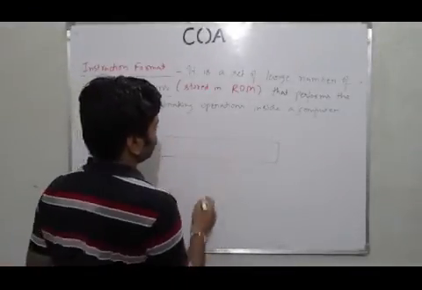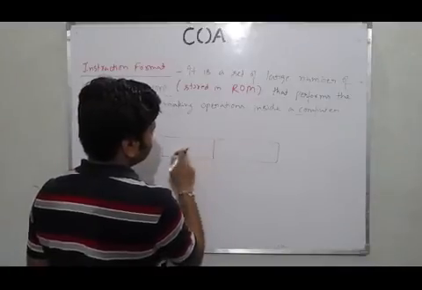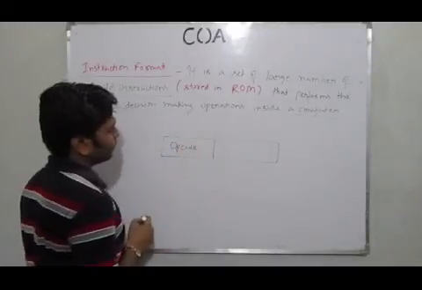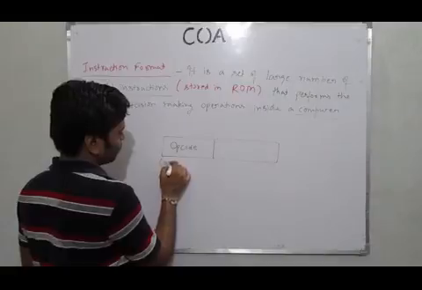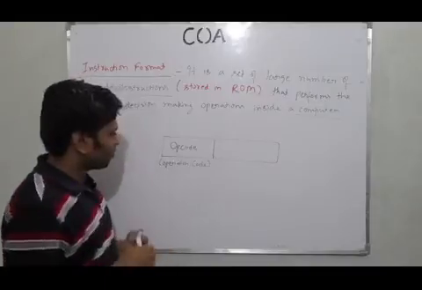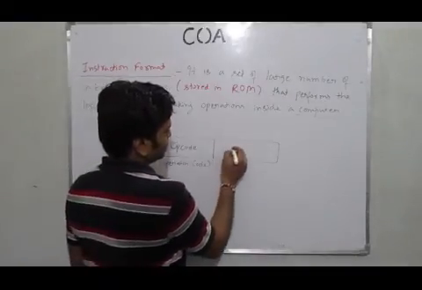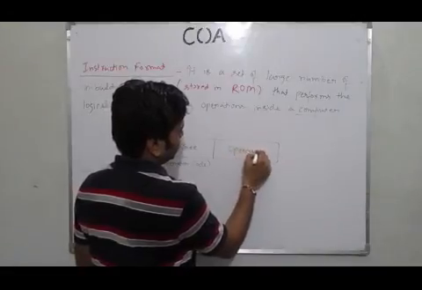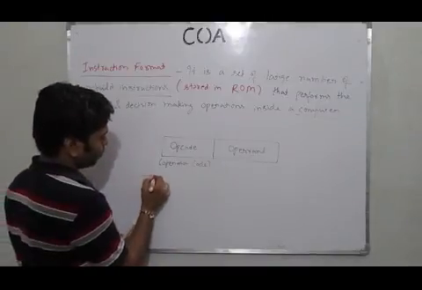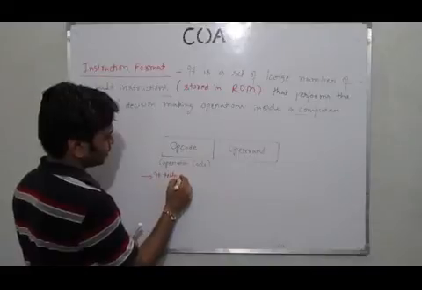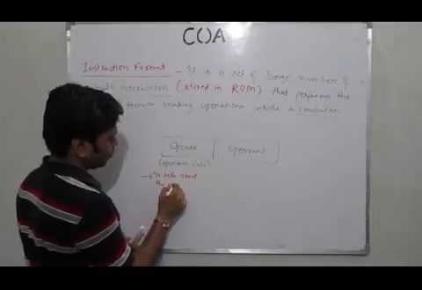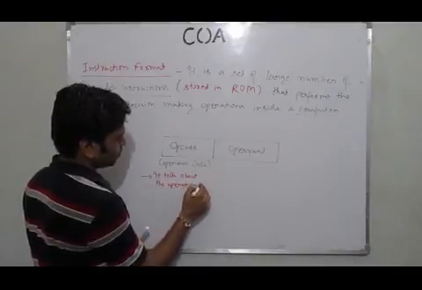So what is actually the instruction format we have? The instruction format basically consists of two components. The first component is known as opcode, fine, which stands for operation code, that is, what kind of operation we have to perform. And the second thing is the operand. So the opcode simply tells the operation going to be performed.